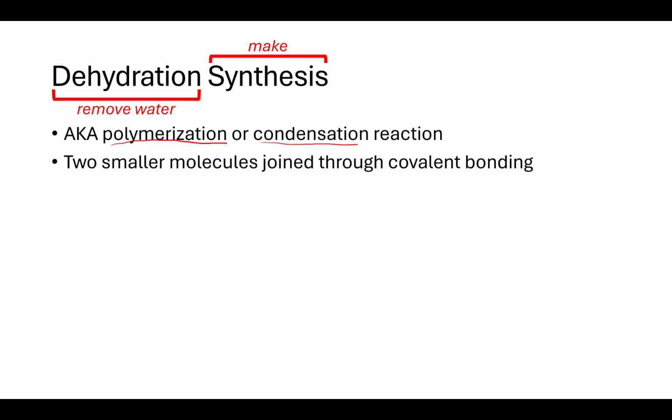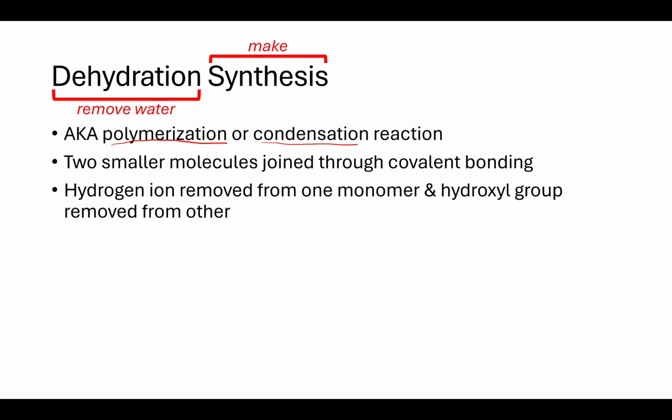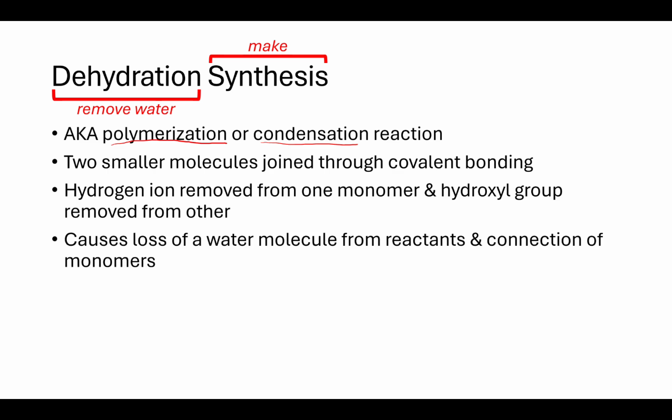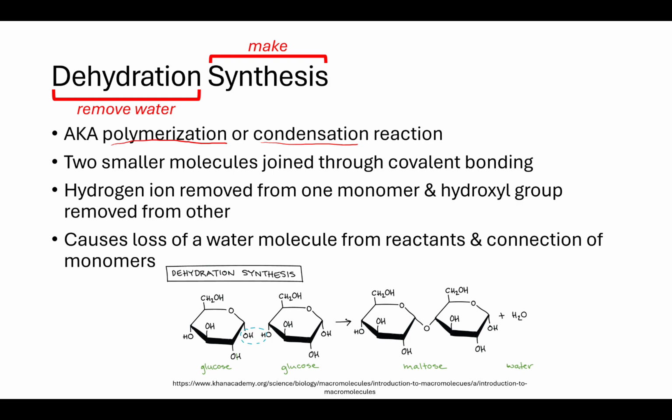So you have two smaller molecules, two monomers joined together through a covalent bond. This is done by taking out a hydrogen ion from one monomer and a hydroxide ion or a hydroxyl group from the other monomer. And then when you've lost that water molecule, or the equivalent of a water molecule, from the original reactants, those monomers can then be connected together. And again, I have a diagram.